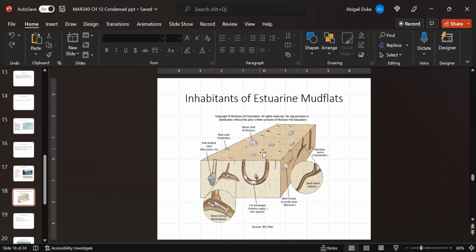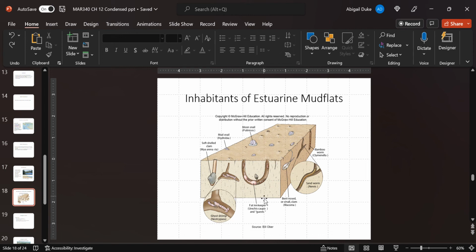We have moon snail, Polinices, we have mud snail, Hydrobia. We have soft-shelled clam, Mya arenaria. We have ghost shrimp, Neotrypaea.